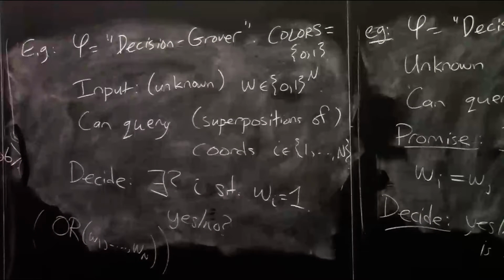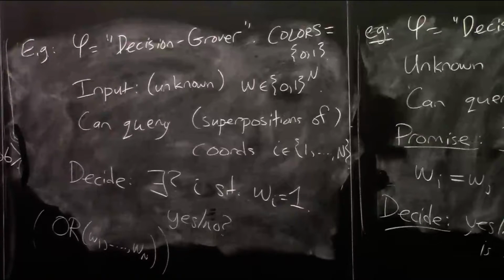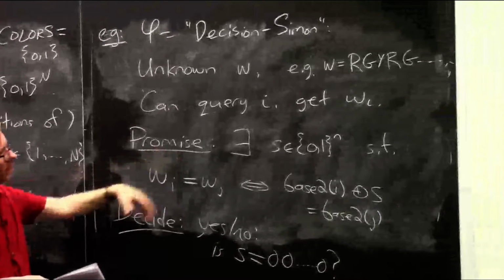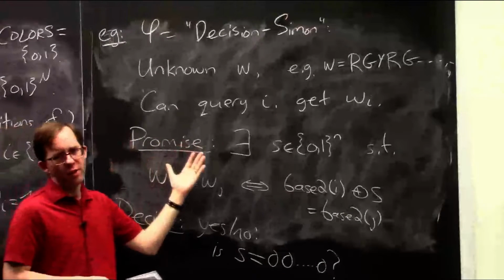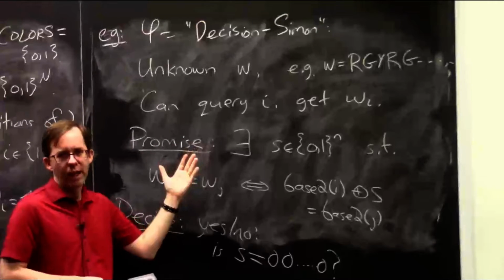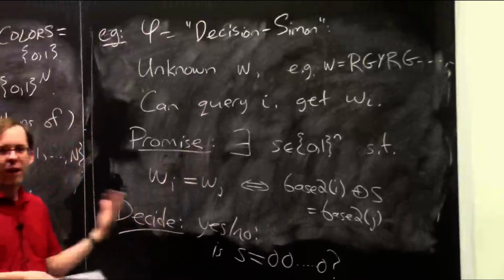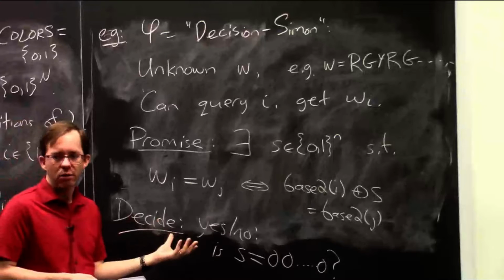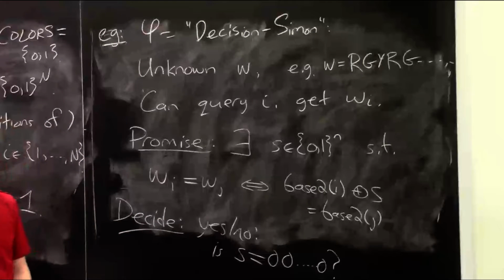And probably it's not even obviously true, especially in these promise problems that I'm going to talk about. Like actually, if I just gave you the ability to solve this decision problem, but then you said, oh, but I actually want to find S in the case where S is non-zero, I don't think it's really obvious how you would do it.